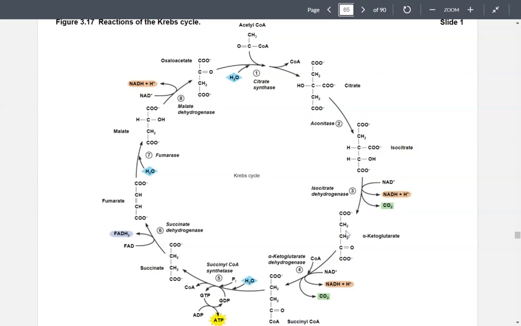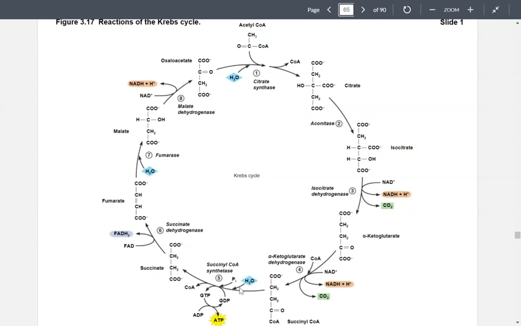And that's going to form alpha-ketoglutarate. We're going to insert coenzyme A back in along with alpha-ketoglutarate dehydrogenase, and that will give off a NADH plus H plus and another carbon dioxide, making it succinyl-CoA.